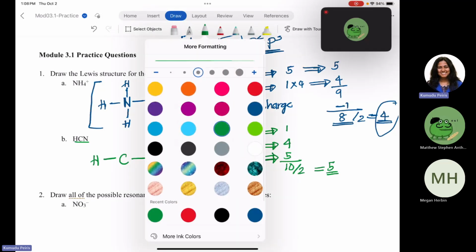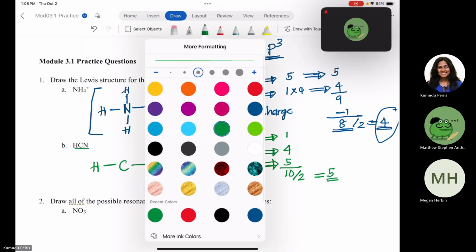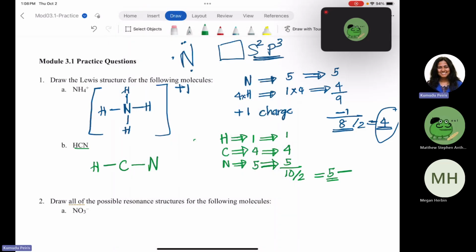So I have taken only 2 electron pairs out. Now I have 3 more electron pairs, so I'm going to add 1 on the carbon, and 1 more on the nitrogen, and 1 more.